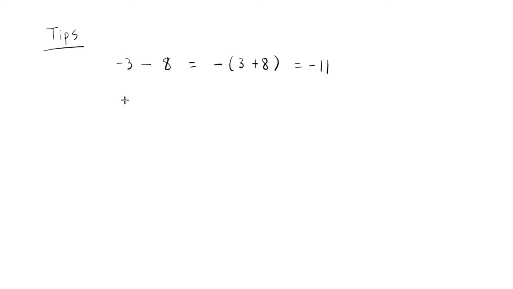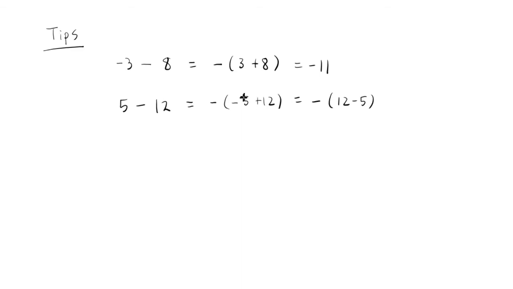But I think a lot of people have trouble with something like this. If you have, say, 5 minus 12, how do you do this? Well, you pull the negative out, and that's like negative 12 plus 5, right?